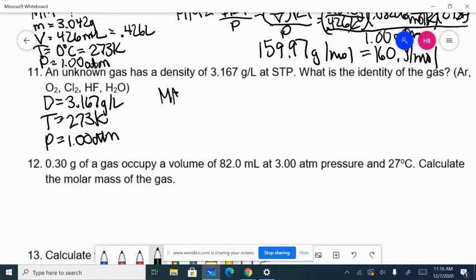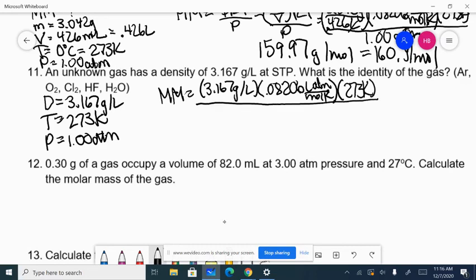So the molar mass is equal to 3.167 grams per liter times RT over P. When you calculate that all out, you get 70.9 grams per mole.